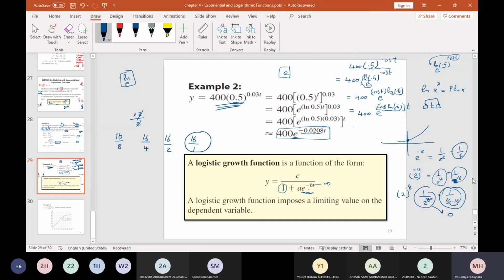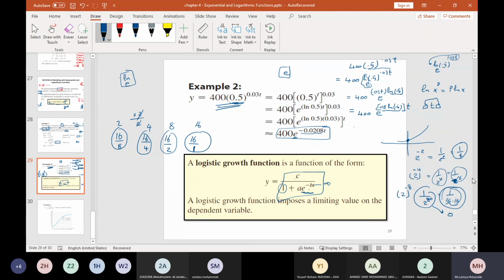Which is the biggest؟ this one صح؟ هنا بكم؟ ب 8، هنا بكم؟ ب 4، here بكم؟ ب 2, but here it is 16 صح؟ So when you divide over something smaller, this is going to be big.